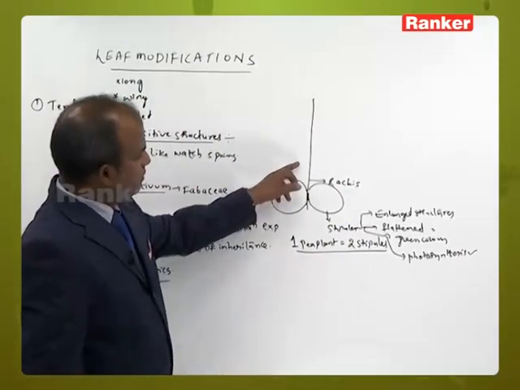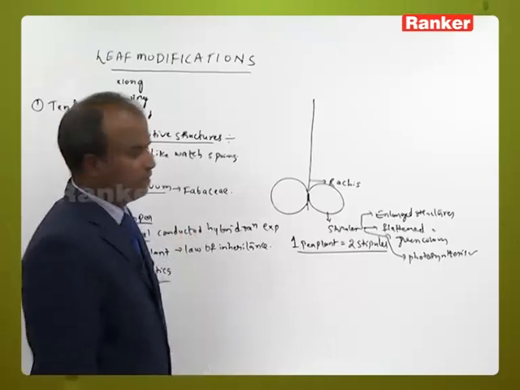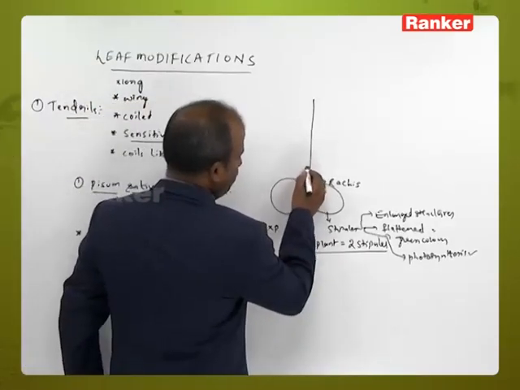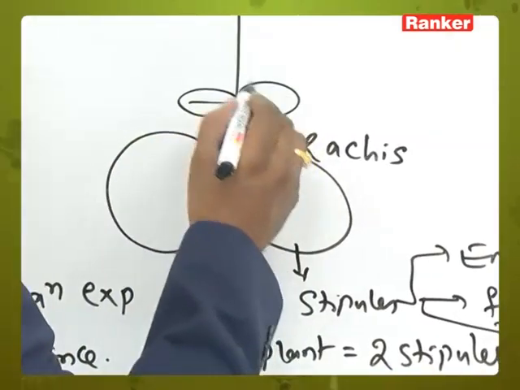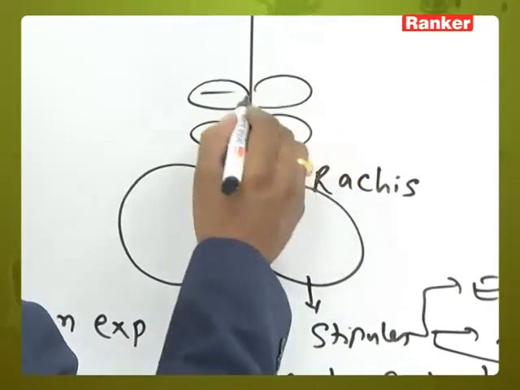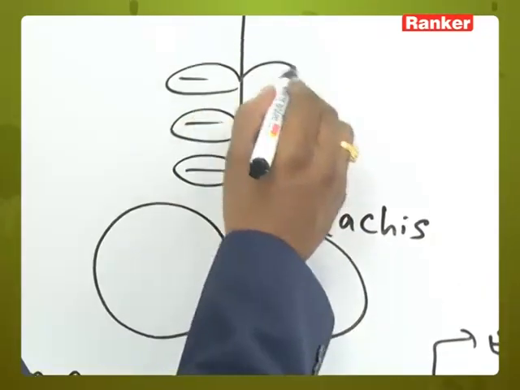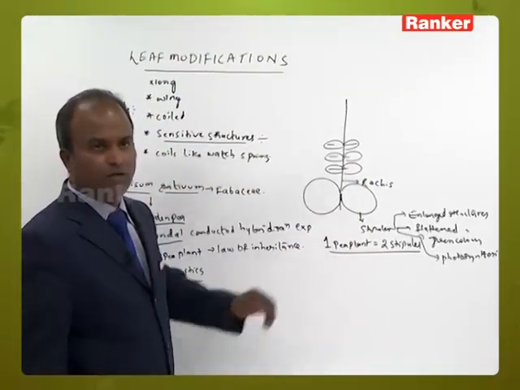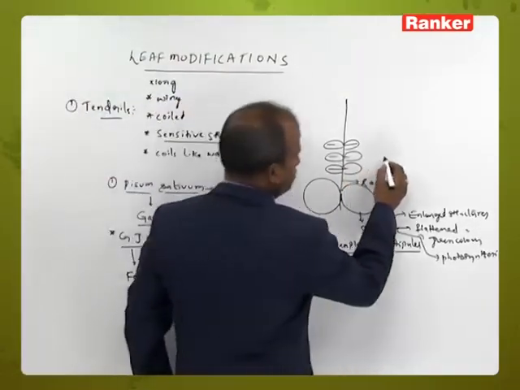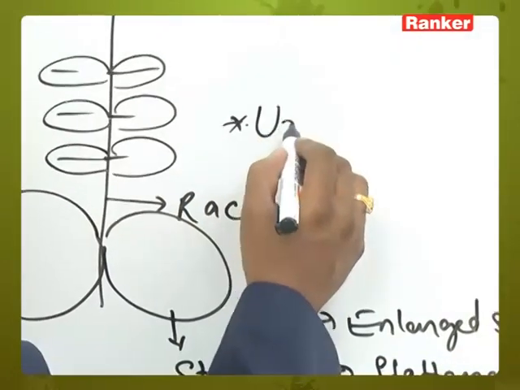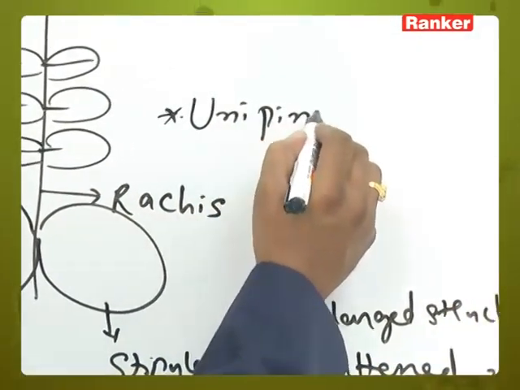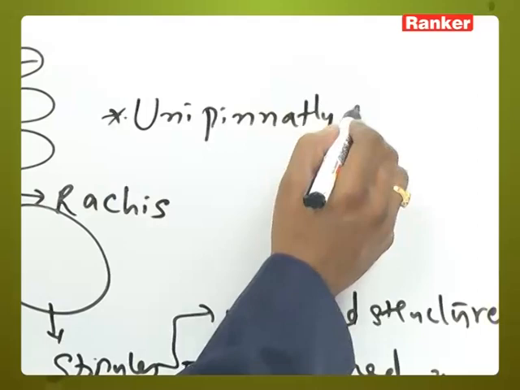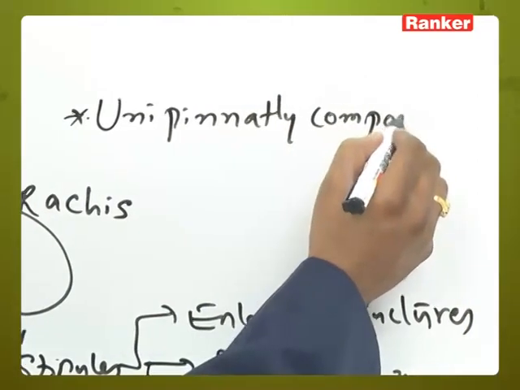And on this rachis, leaflets are arranged. Which type of leaf does Pisum sativum show? It shows a unipinnately compound leaf. Why is it called unipinnately compound?